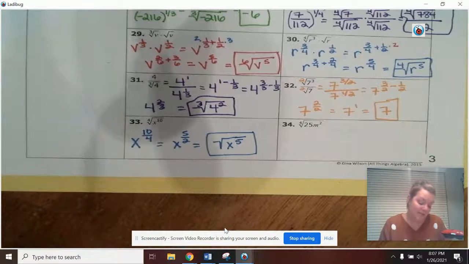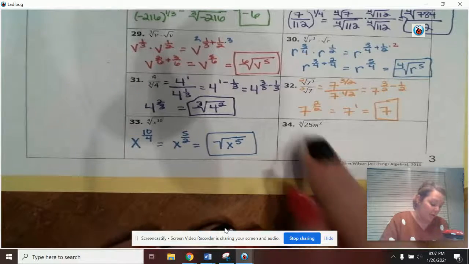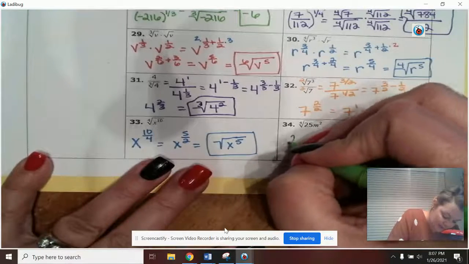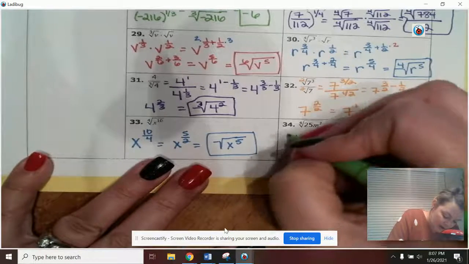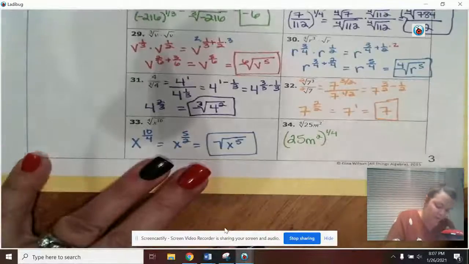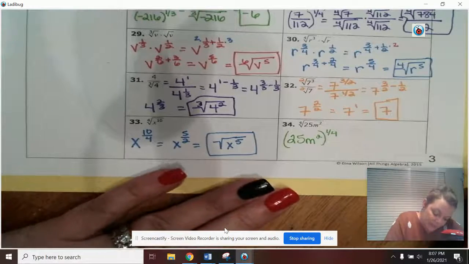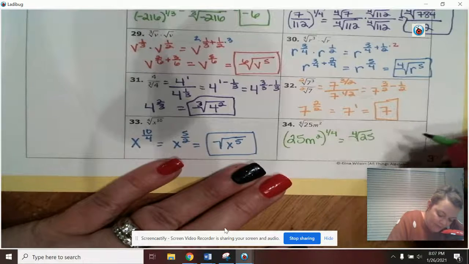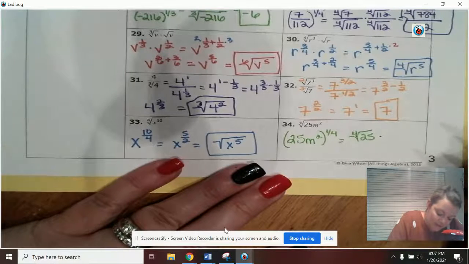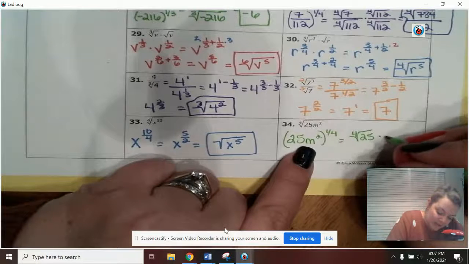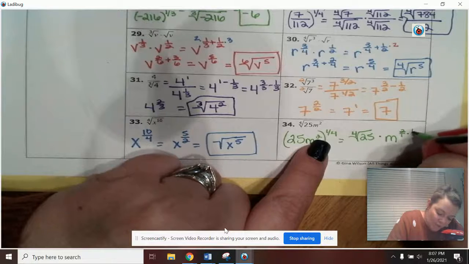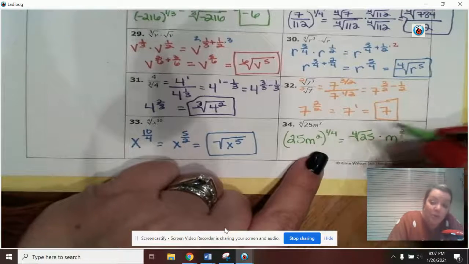Last one, this one says 25m squared to the 4th. So I think I want to do 25m squared all raised to the 1/4 power like this. And then break it up into the 4th root of 25 times m to the 2 over 1 times 1 over 4, because it's the power rule.